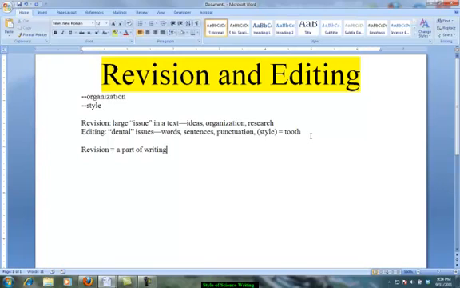So first thing is organization. To achieve a high level of organization in your writing, in order for your writing to succeed, you need to learn to revise your work. When you have sent it to your professor, when you have sent it off to your colleagues, guess what? You no longer control it.